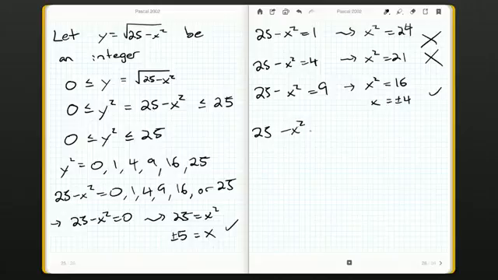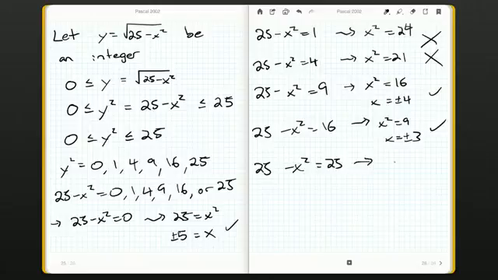Got 2 more to try. 25 minus x squared is equal to 16. We rearrange that, we get x squared is equal to 9. So x equal plus or minus 3 will do. Finally, 25 minus x squared is equal to 25. That gives us x squared is equal to 0. Only one value. You can't do plus or minus 0.